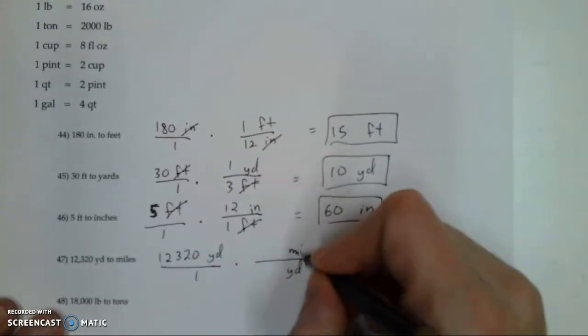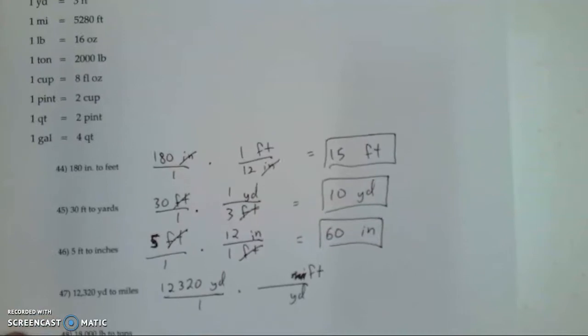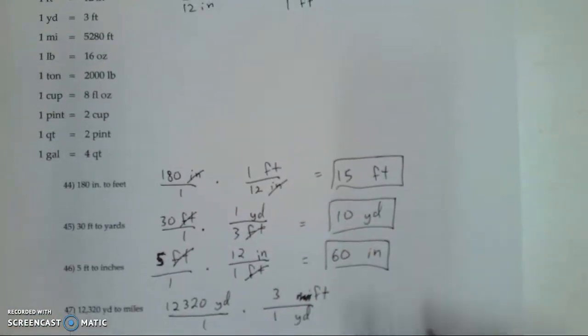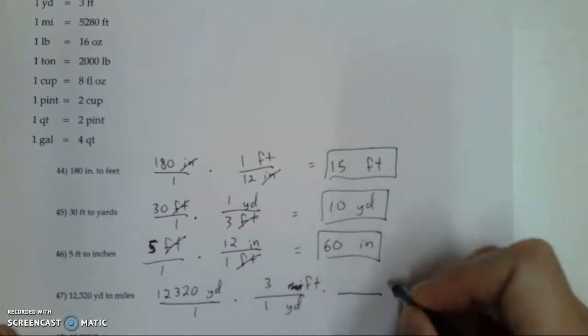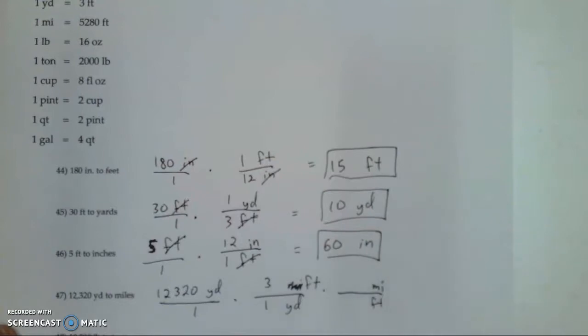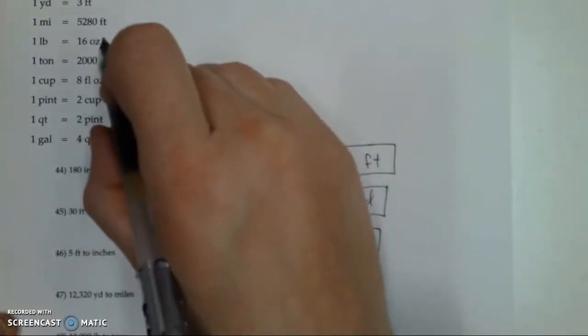So I'm going to scratch out the little miles, and I'm going to put feet. So I know that there's 3 feet in 1 yard, and then I'm going to multiply by another fraction, where I've got miles on top and feet on the bottom, because I know there's 1 mile to 5,280 feet.